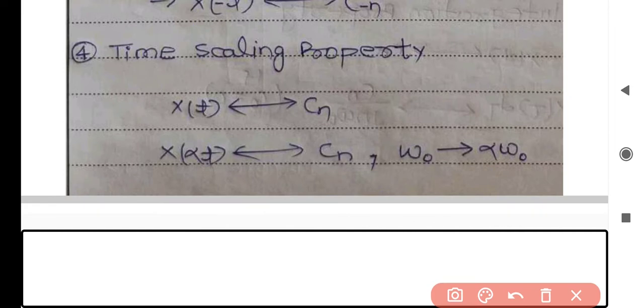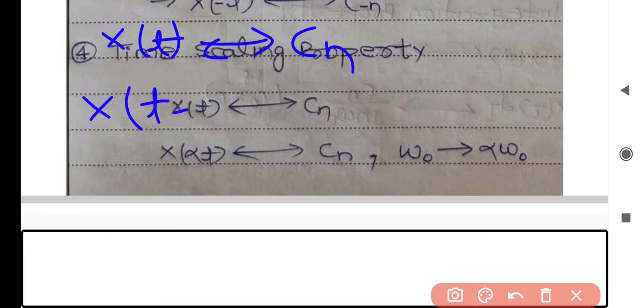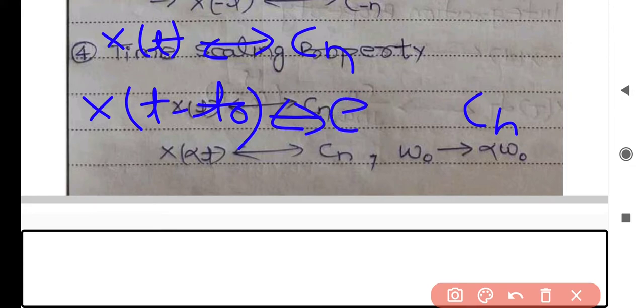Next, the other property was, if a signal x(t) produces the Fourier coefficient Cn, then x of t minus t naught will produce the Fourier coefficient Cn multiplied by e power minus jn omega naught t naught, where t naught is the shift given to the signal x(t).